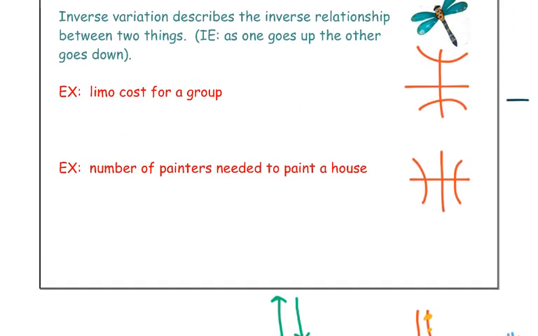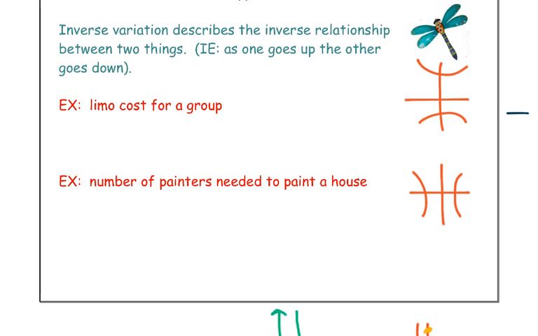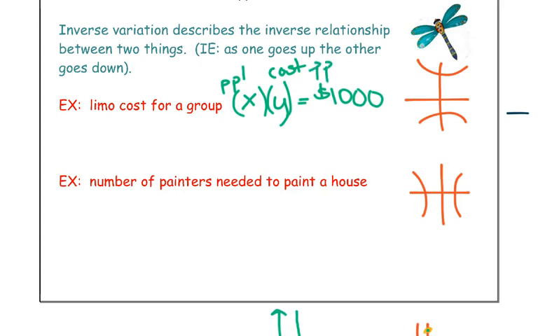Okay, so where do you see this in real life? Let's say a bunch of people were renting a limo together, and let's say the limo costs $1,000. Let's let x be the number of people in the limo, and let's let y be the cost per person.